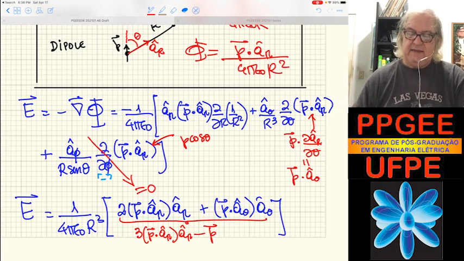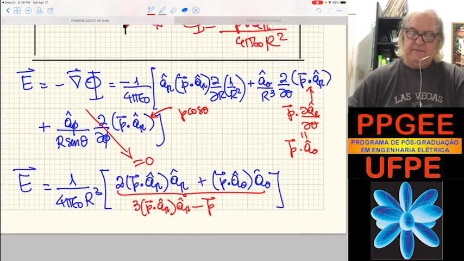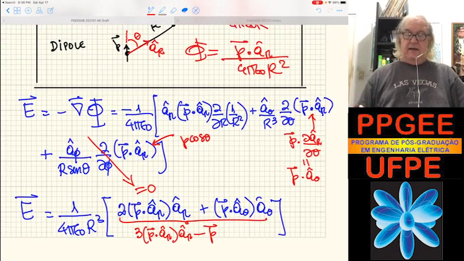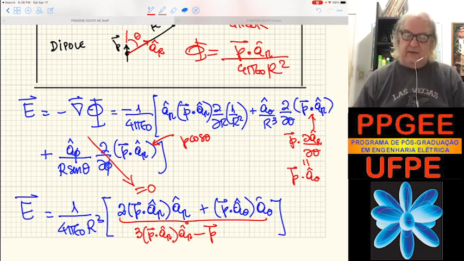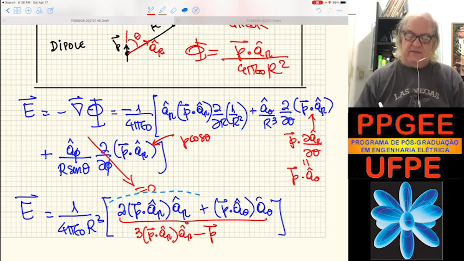So that's what we got. We have this thing here. So we have a third power dependence of the A field on the denominator. And we have this combination of terms.